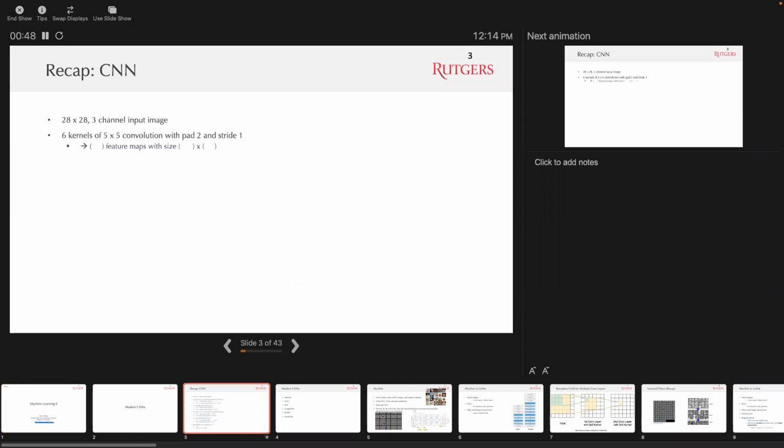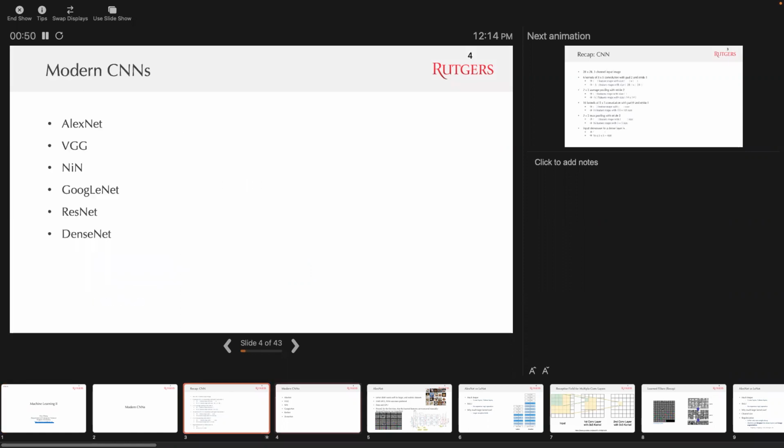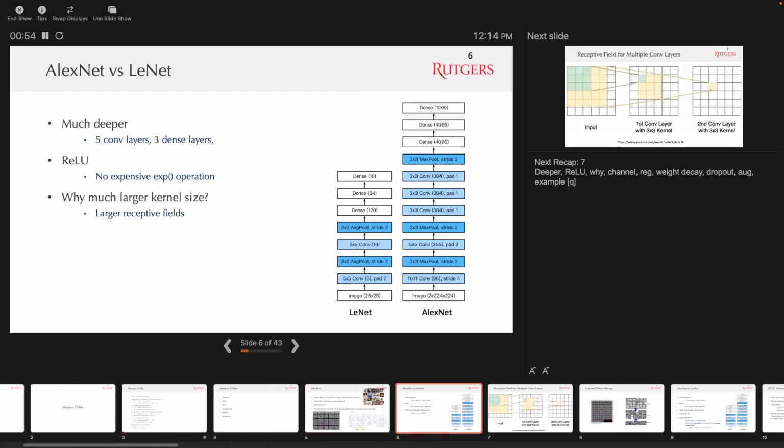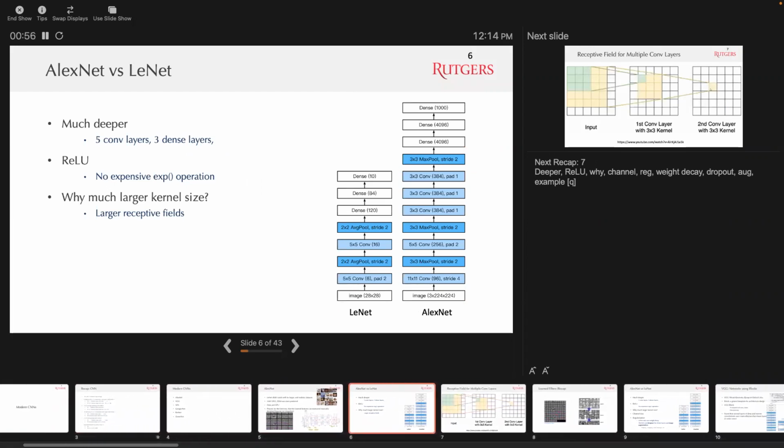So in the last lecture, we started with the first modern convolutional neural network, which is AlexNet. Compared to the decades-old convolutional neural network, LeNet, it has more layers.